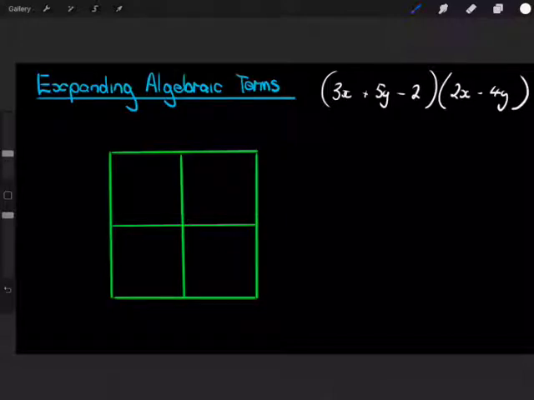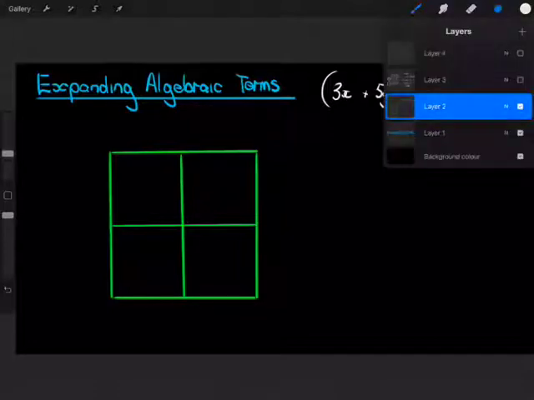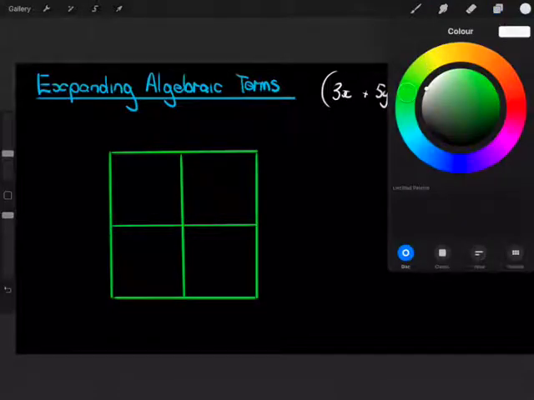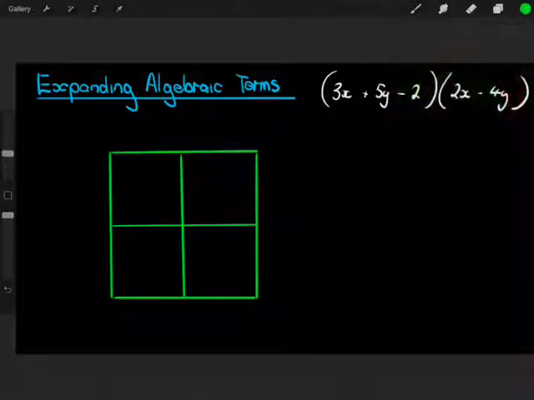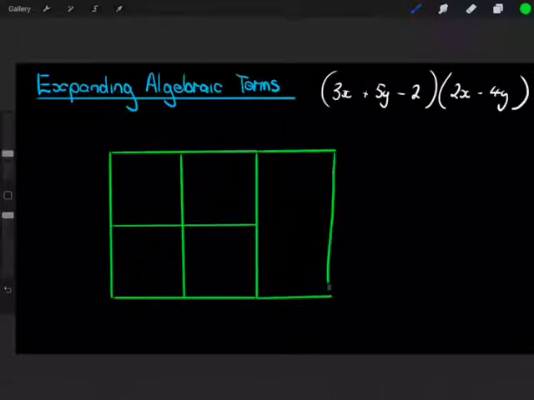So you had one bracket with 3 terms and another bracket with 2 terms. Well, we could modify our grid to make this work for us. And I'm just going to add another 2 boxes onto our grid, and you hopefully will see why I'm doing this.